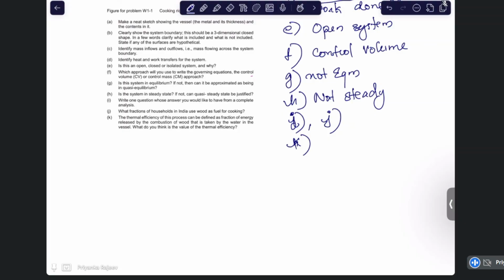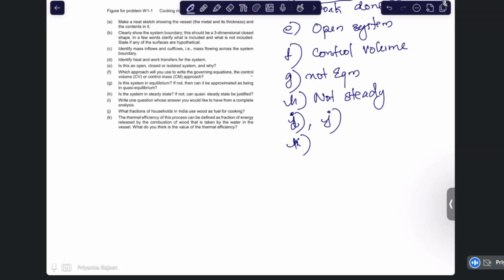Why we are preferring LPG is because it is less polluting, a cleaner fuel compared to wood. So that is a good shift in the direction of reducing carbon footprint. So the fraction will be very less, maybe 10 to 20% of households in India that are relying on wood as fuel for cooking.